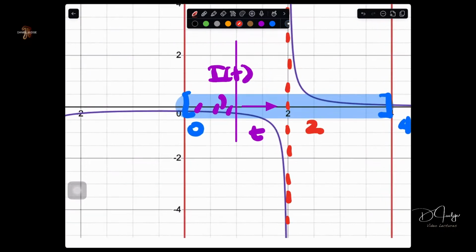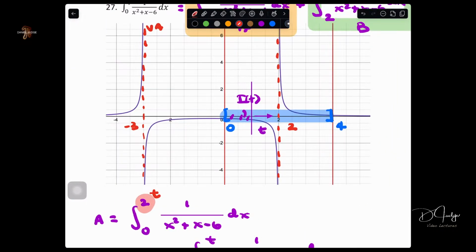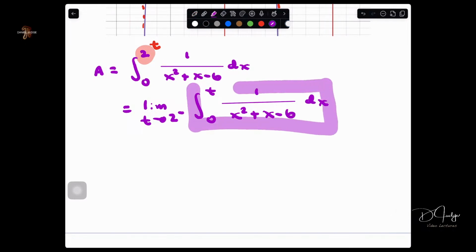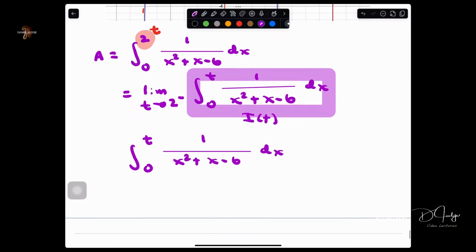And this is going to go to 2 from the left side. So really, we're going to have to integrate here. This is the I of t. So that integral is a rational function.